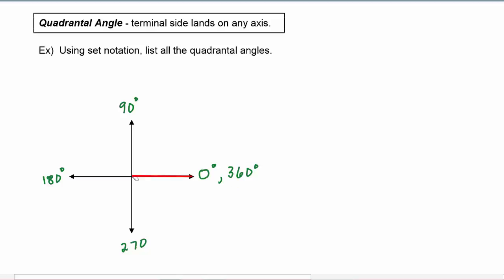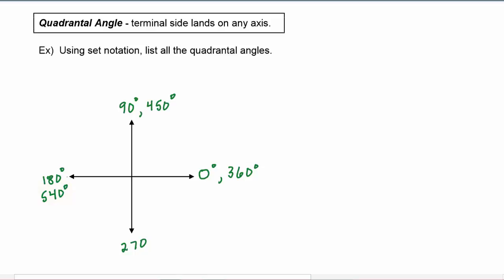An angle could begin here on the positive x-axis, rotate all the way around, and keep going. So from 360, we would have to add another 90 degrees, and we would be at 450 degrees. Then if we kept going from 450 degrees, this angle going all the way around to there would be 540 degrees, and so on.